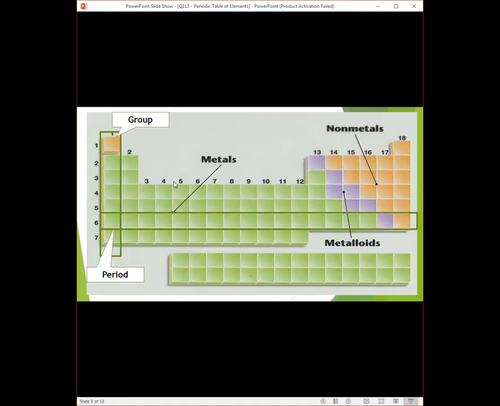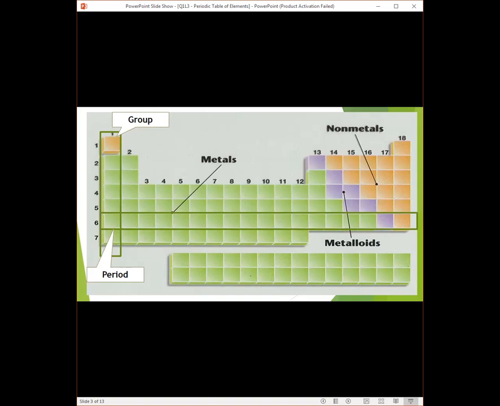And looking at the number of the columns or the groups in this table, we have 18 groups of elements or 18 families. As for the horizontal rows, these are known as the periods. Now we could count the number of periods here and we will come up with 7 periods.